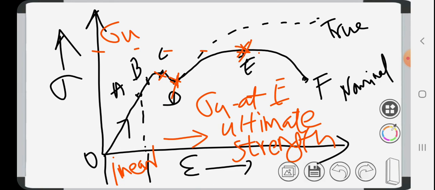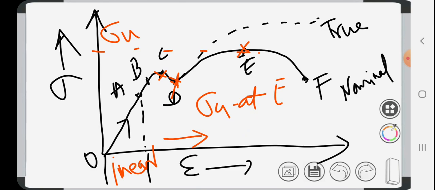The highest point E of the diagram corresponds to the ultimate strength of that material. So sigma u is the stress which the specimen can withstand without failure, the ultimate tensile strength. So after E, what is happening? After E, what happens?